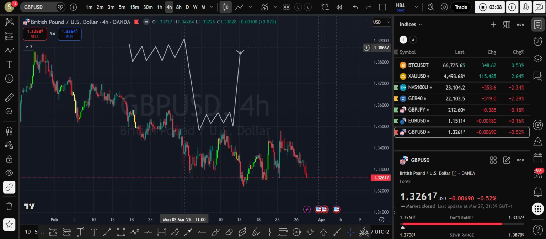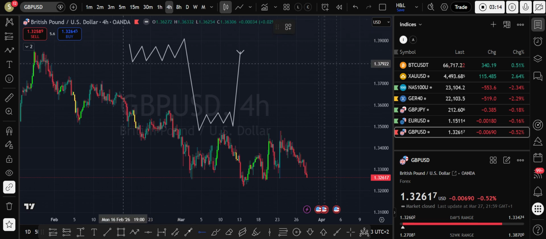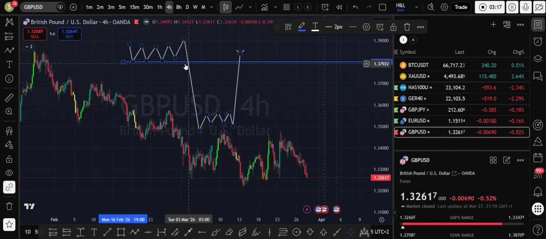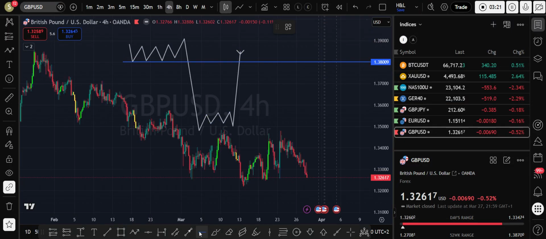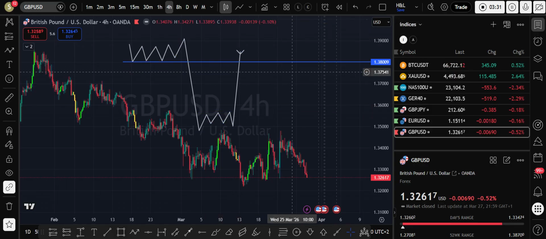So this is how I do my market structure. The market will range, then it will come here, range, and go back to where this range is. Let's say here is the level that the market broke, and also the level here that the market broke as well. But I'm not going to put my mind here, because where I'm really looking to enter the market will be somewhere here.